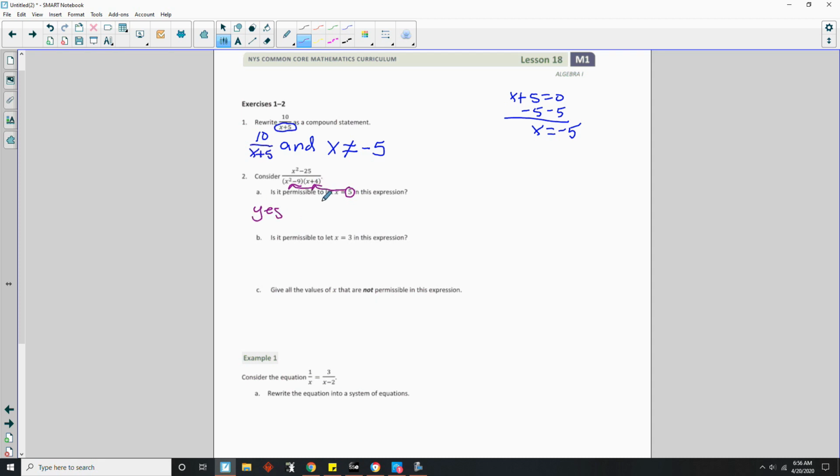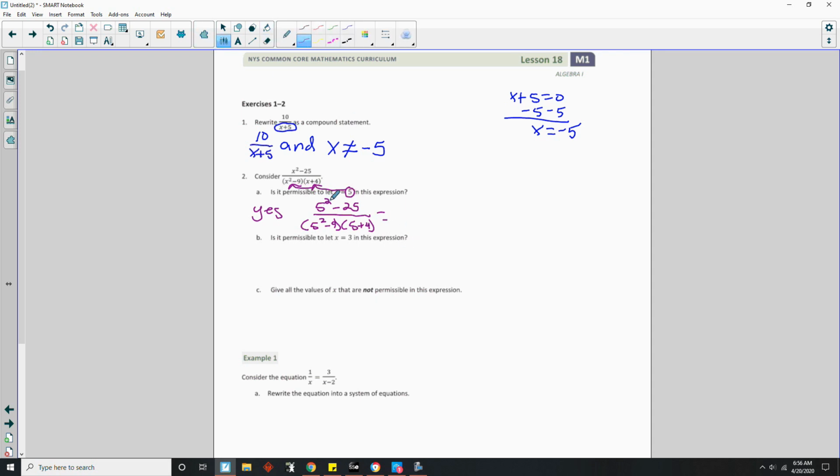So what happens if I do? Well, then that would be 5 squared minus 25 divided by 5 squared minus 9 times 5 plus 4. And here I can just use an equal sign instead of an arrow.